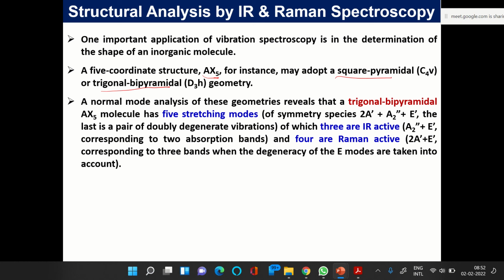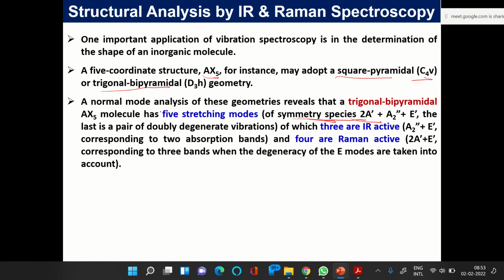From group theory, you find the possible vibrations and their symmetry, and if you know the point groups, you can further reduce those vibrations into symmetry species, the corresponding irreducible representations.